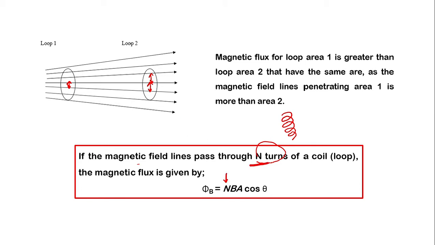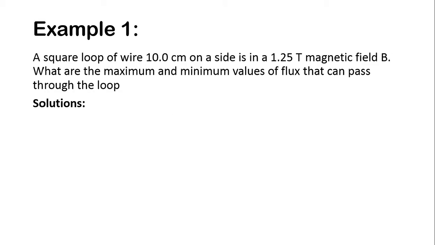Ni masukkan je. Okay, so kat sini ada a square loop of wire 10 cm on a side in a 1.25 Tesla magnetic field. What are the maximum and minimum values of flux that can pass through the loop? Dia bagi awak nilai B, dan dia bagi awak the length on each side. So dia nak kira maximum and minimum value of flux. Kalau maksimum maksudnya angle dia is equal to 90 degree, kalau minimum angle dia equal to 0.